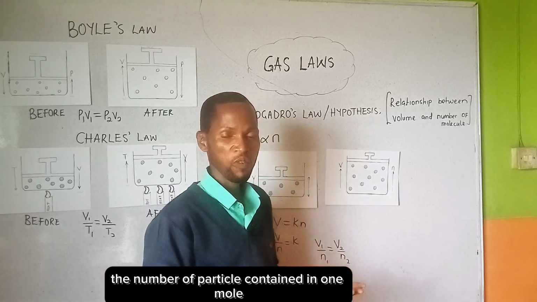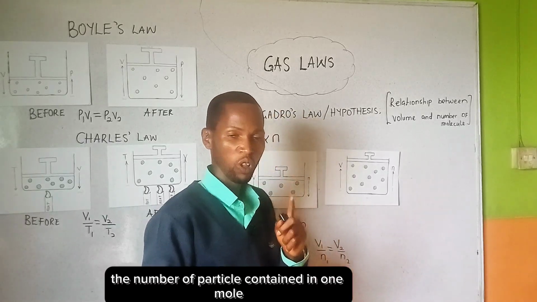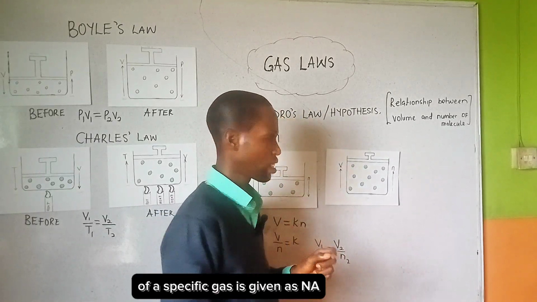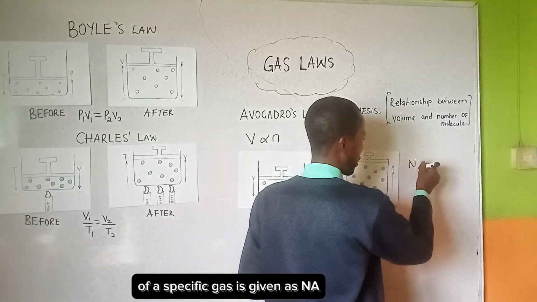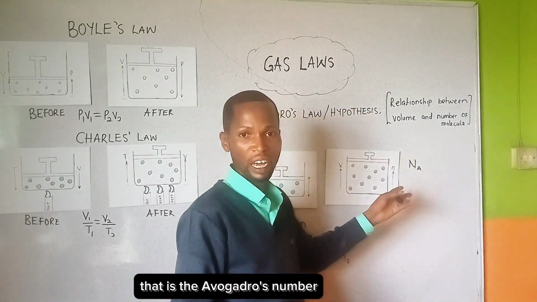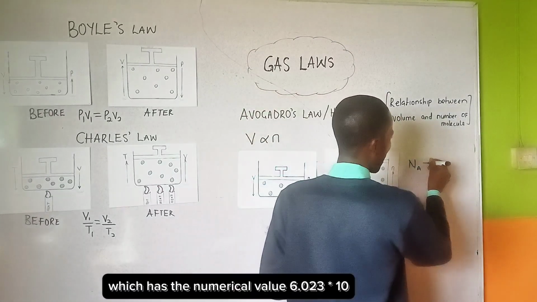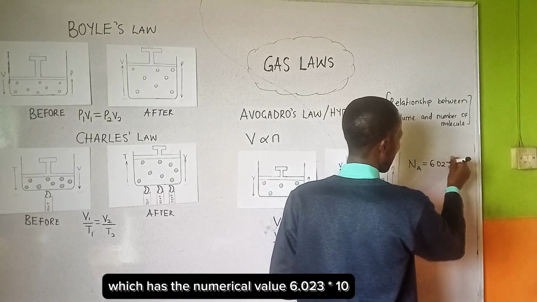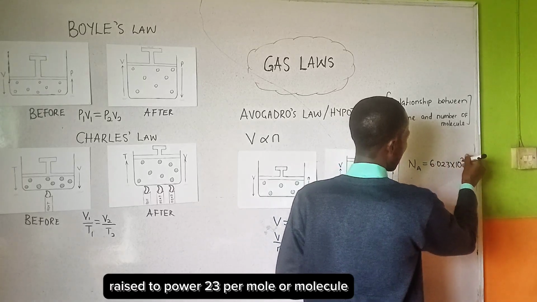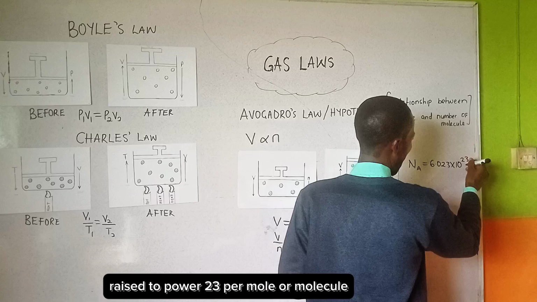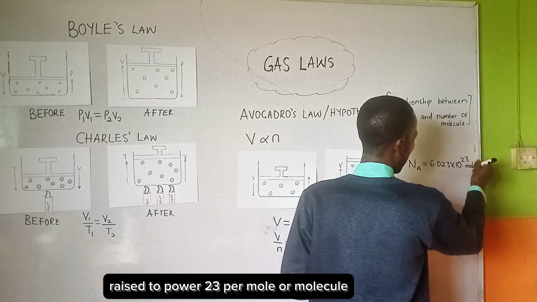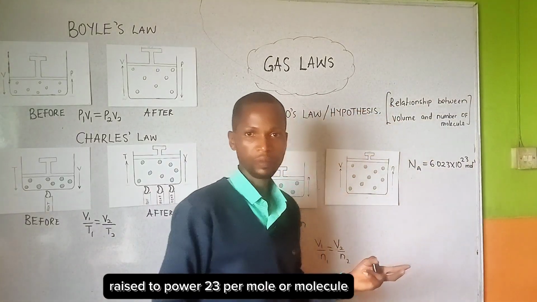The number of particles contained in 1 mole of a specific gas is given as Na. That is the Avogadro's number, which has the numerical value 6.023 times 10 raised to power 23 per mole or molecule.